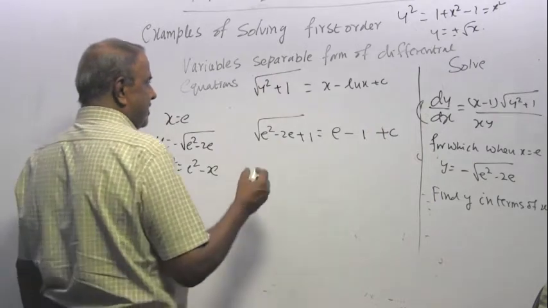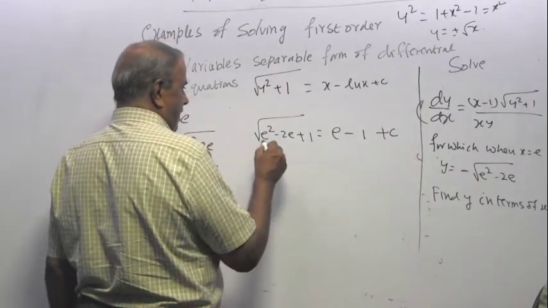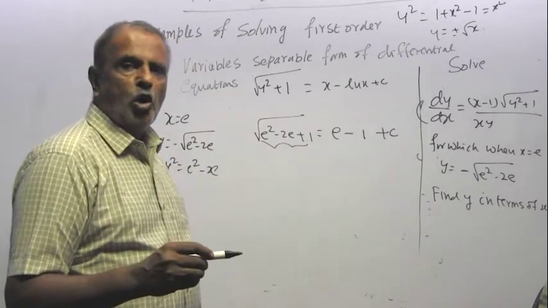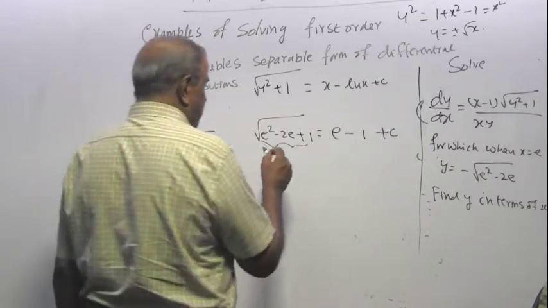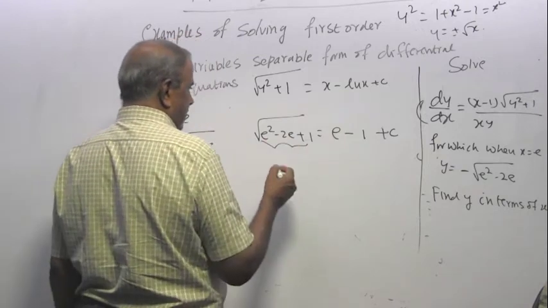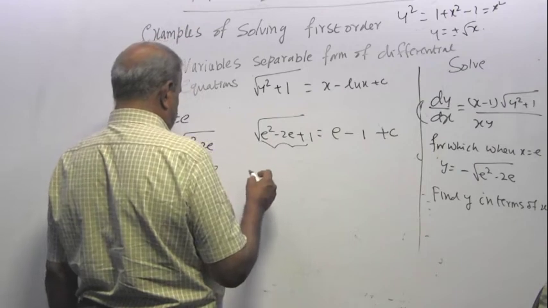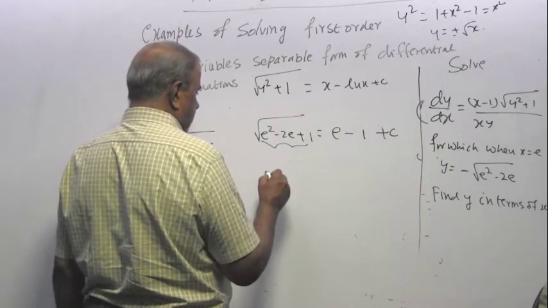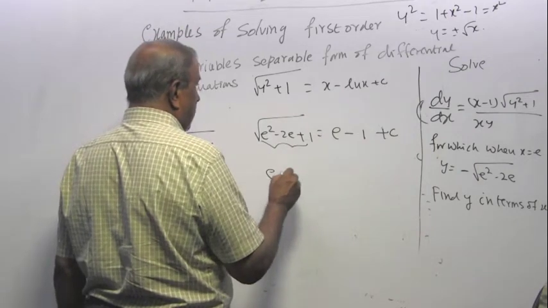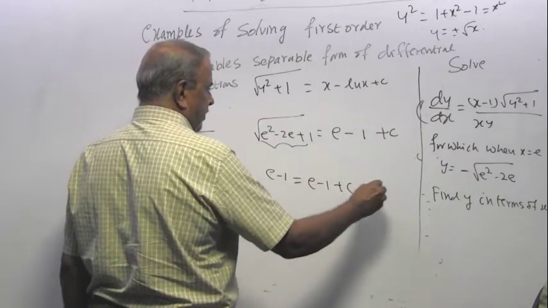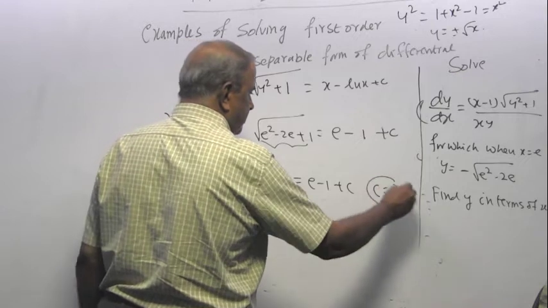So what do I get? e squared minus 2e plus 1 is (e minus 1) the whole squared. So therefore, when I take square root, it is e minus 1 the whole squared. Square root will be e minus 1 is equal to e minus 1 plus c, so c is 0.